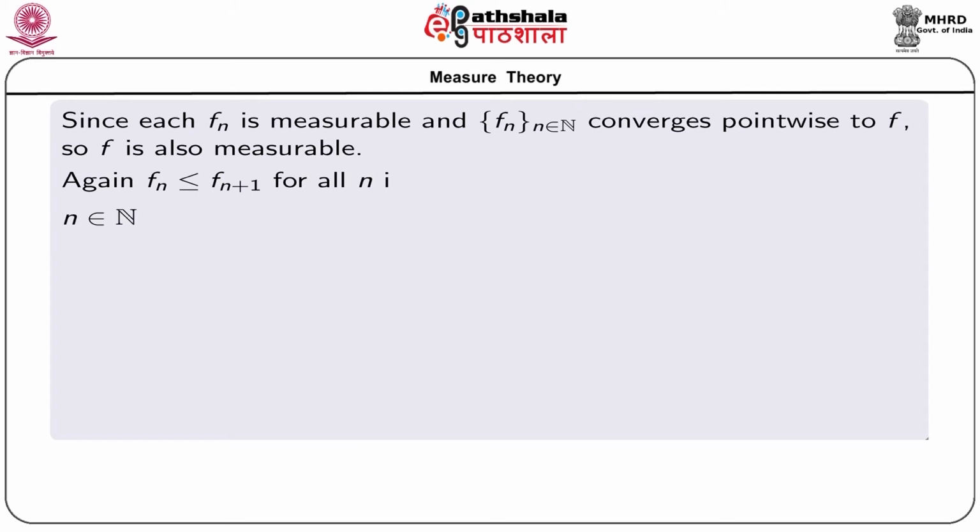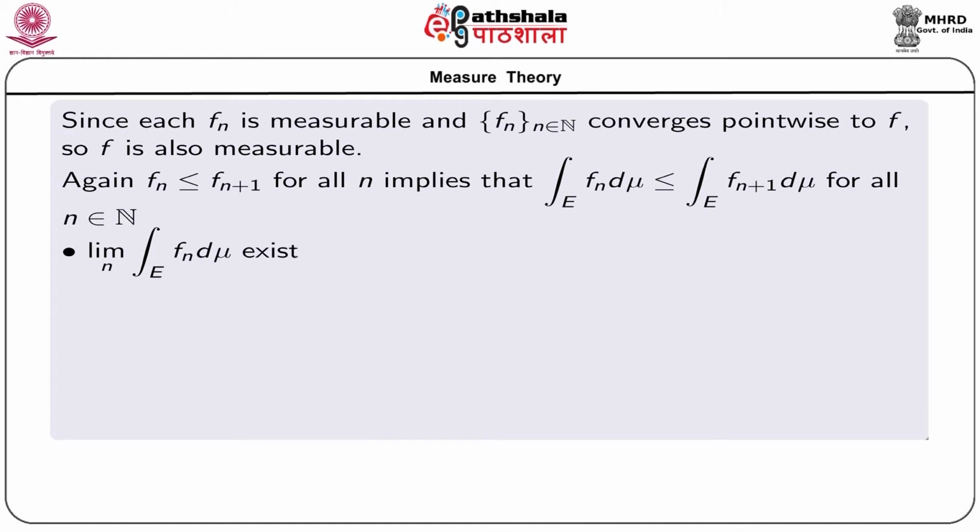Again, since the sequence is monotonically increasing, that is, for all n, Fn is less or equal to Fn+1, this implies that integral of Fn dμ should be less or equal to integral of Fn+1 dμ, since we are taking the integral over the same set, and this is true for all n.